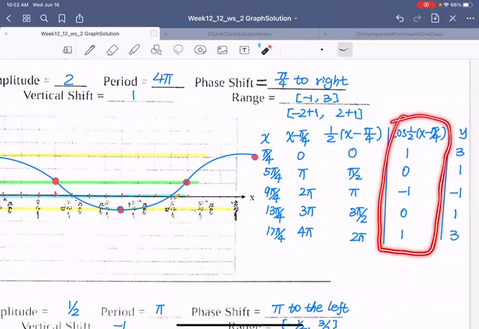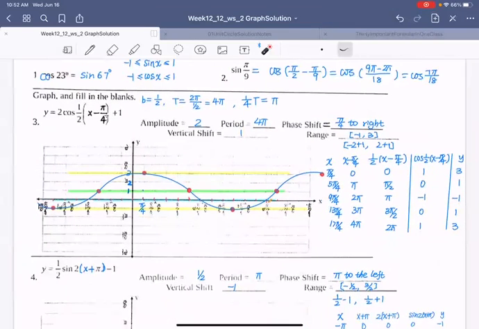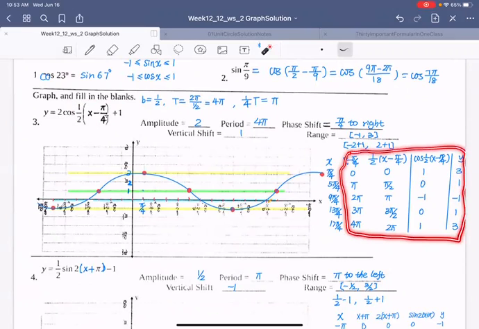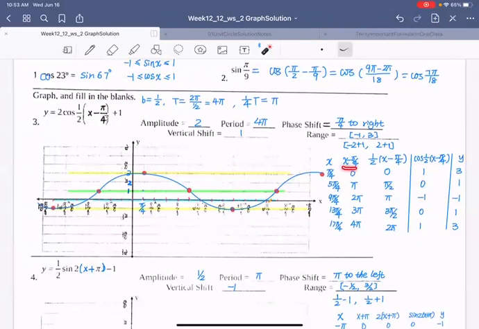After you got this column, you can plug in. You can find out all your y values. So you have your table like that. But here, this is x minus pi over 4. It is not the x value. So you draw another x column.